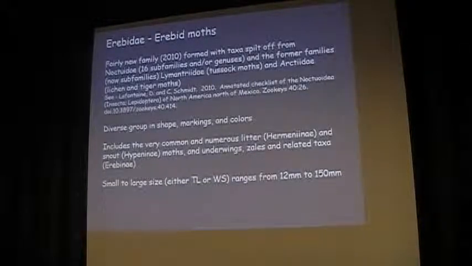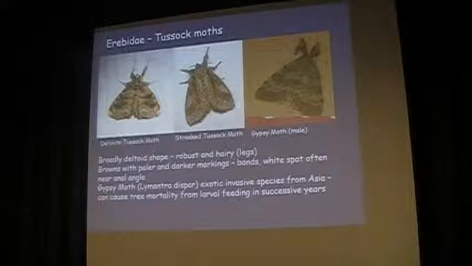Includes very common and numerous ones like litter moths and snout moths, which you kick up like on forest trails and such. Underwing zales, and other related taxa. It can be very small to extremely large, depending upon what you see. So you have tussock moths, which is our main enemy. Gypsy moth is a tussock moth. Of course, that's an invasive exotic species from Asia.